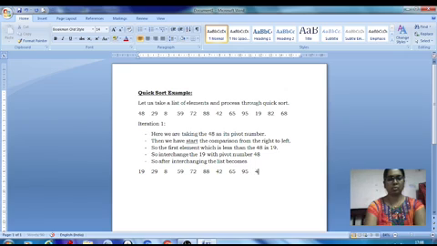Then here we are going to put our pivot number 48. Then we are going to write 82 and 68.